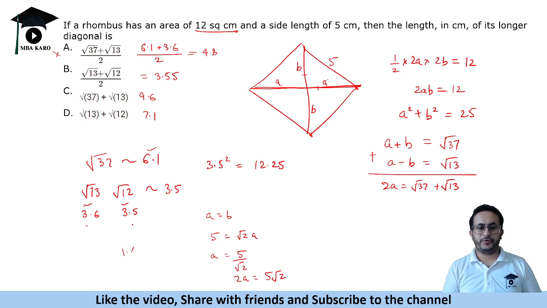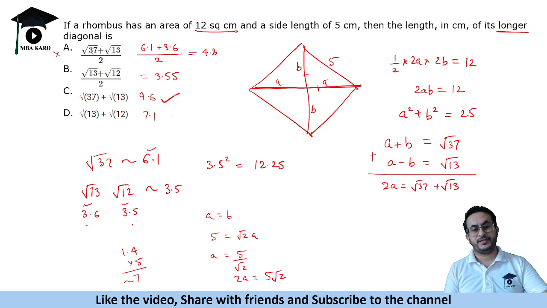Okay, root 2 is 1.4 into 5, that would have been around 7. So if both of them are equal, the approximate length would have been 7. Okay, so 7 would be the length if both of the diagonals are equal, but we are given that one of the diagonals is longer, so you can take a bet and mark this as the answer.